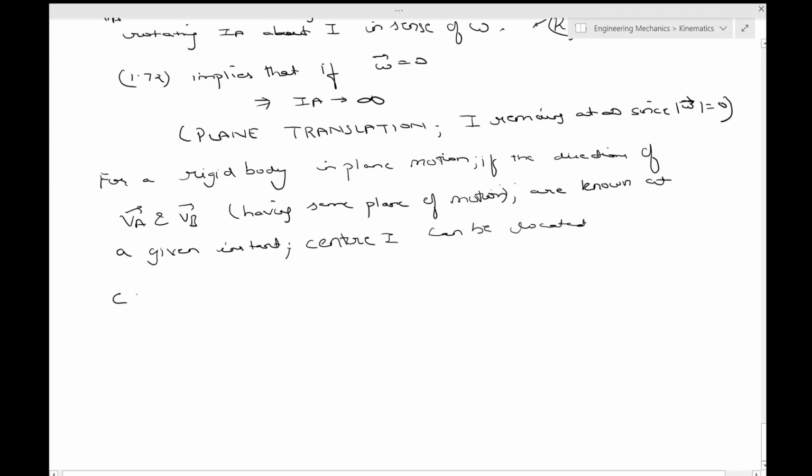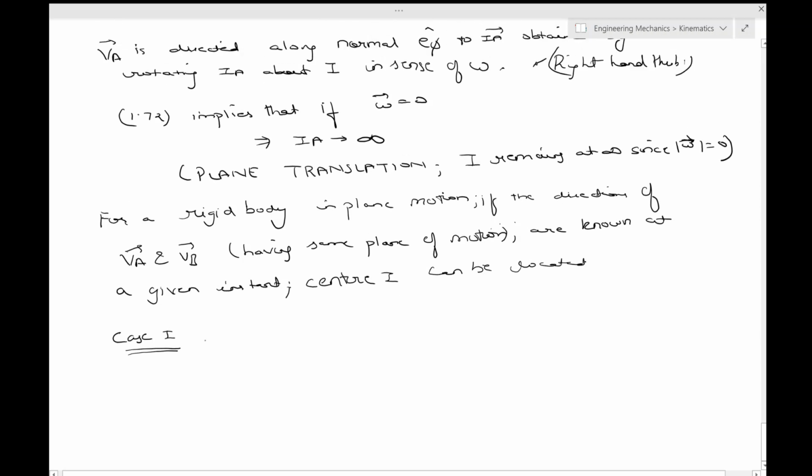let's say case 1, if VA is not parallel to VB, and this is the best way to show, then let me show that.